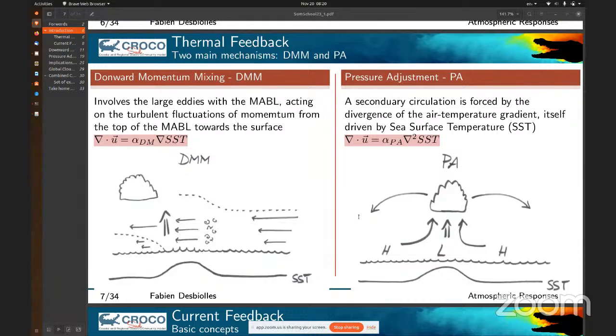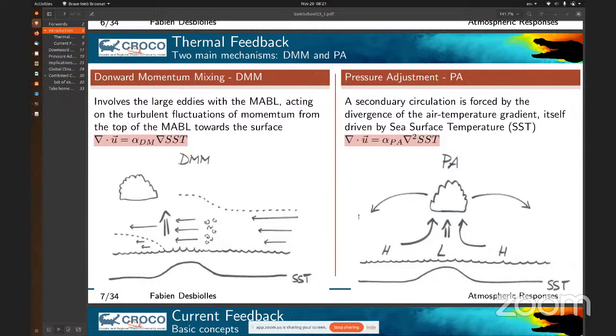What does that mean? That means that we have a convergence in the atmosphere, and then some upward movement that can create, as it's sketched there, also a higher planetary boundary layer, and also some clouds, because we are reaching cooler temperature, and the clouds can form.